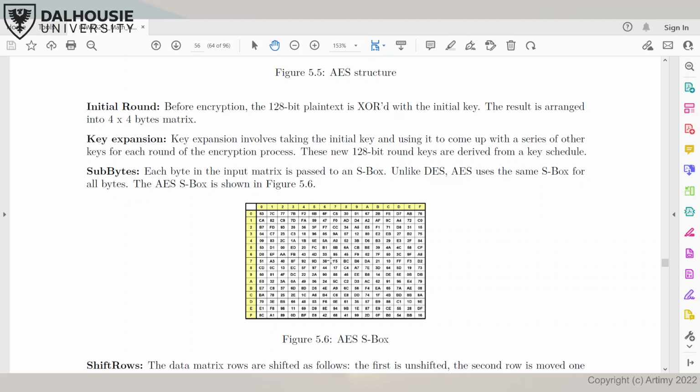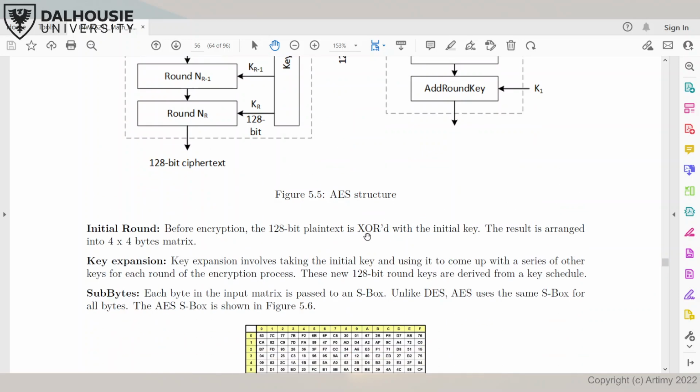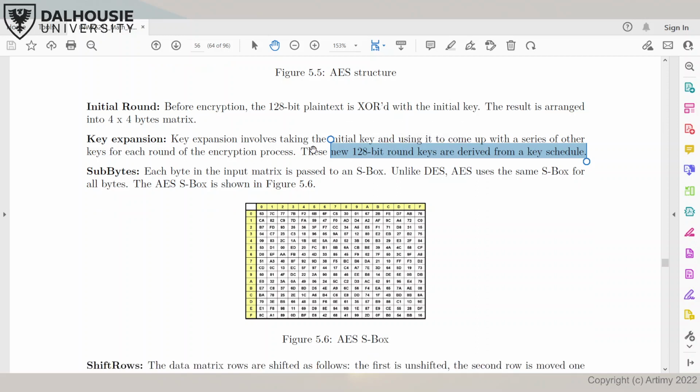The key expansion, which happens in this box here, takes the initial key and uses it to come up with a series of other keys. We have a specific schedule, or a formula, as I said before, that derives these keys from the original key. You can search for it or Google it and see more details if you wish.